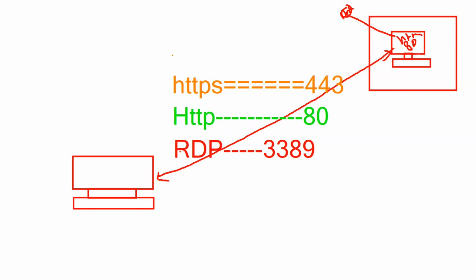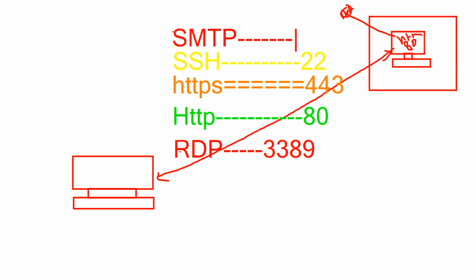For example, if you are deploying a Linux machine, they will use SSH. What is the SSH port number? 22. Clear? Next, another important port here is SMTP.